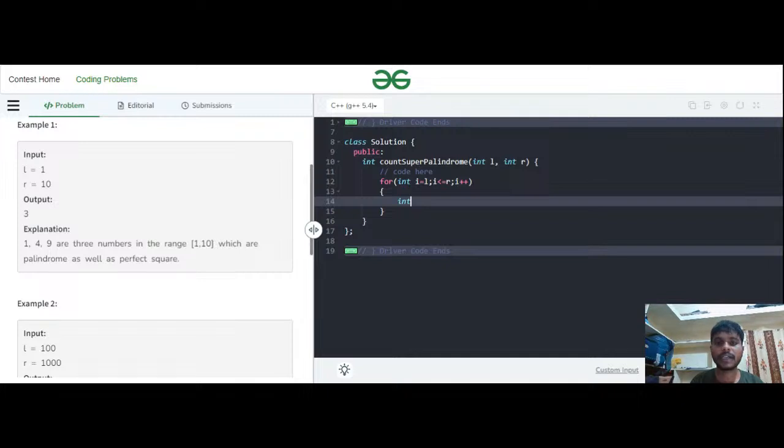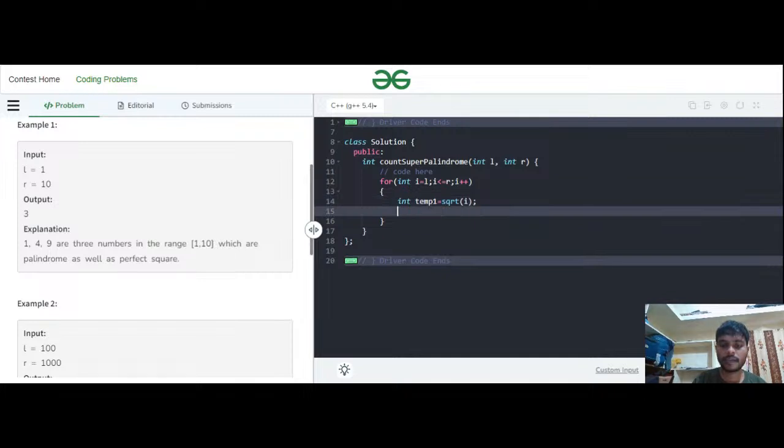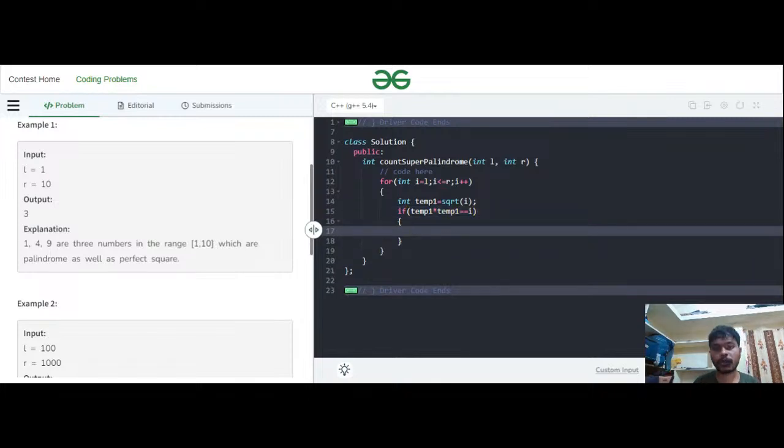First we have to check whether i is a perfect square or not. So I am taking a number temp1, the square root of i. If temp1 into temp1 is equal to i, that means it is a perfect square, no doubt in that.